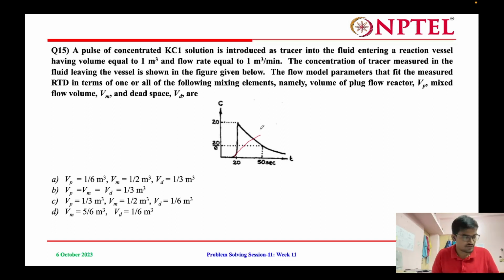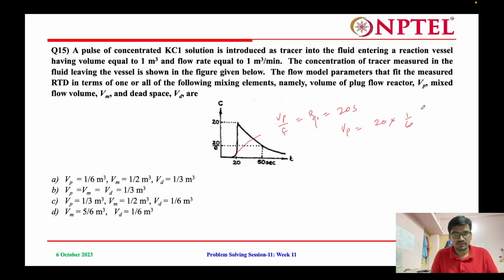So at these conditions, Vp by F equal to tau p equal to 20 seconds, right? So here tau p is the residence time. So Vp equals 20 into 1 by 60.